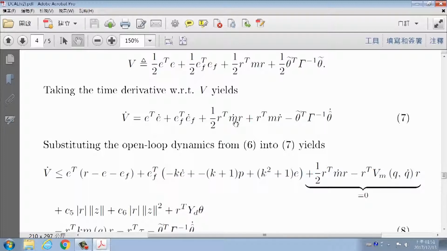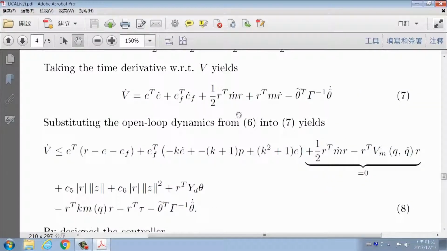And this M dot is coming from the time derivative of these terms, the R transpose MR term. E dot is, by definition, equal to this, which comes from the definition of R, and this comes from the definition of E dot or the P filter.